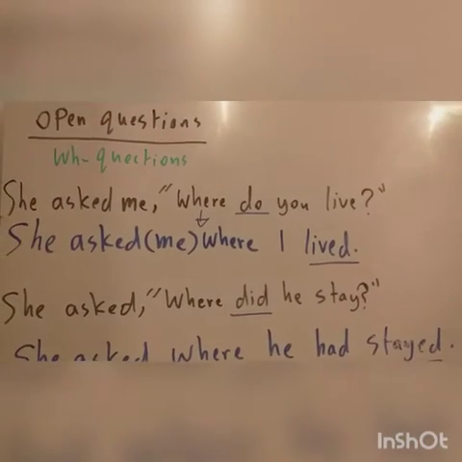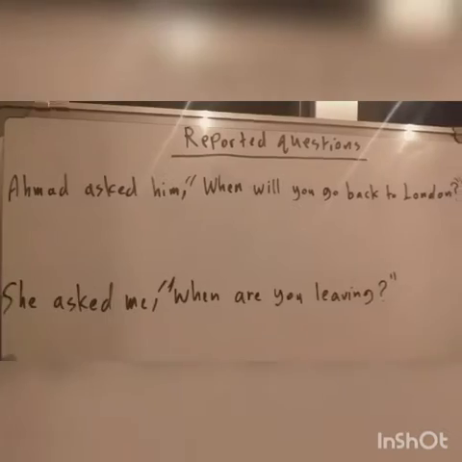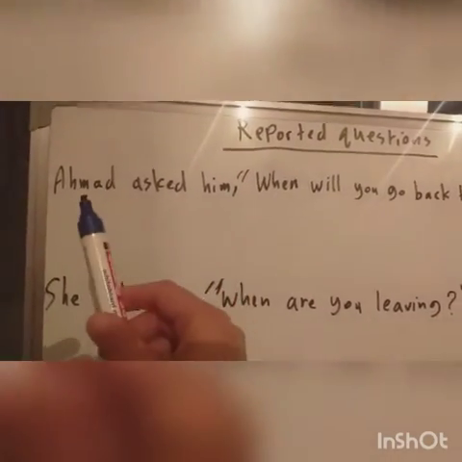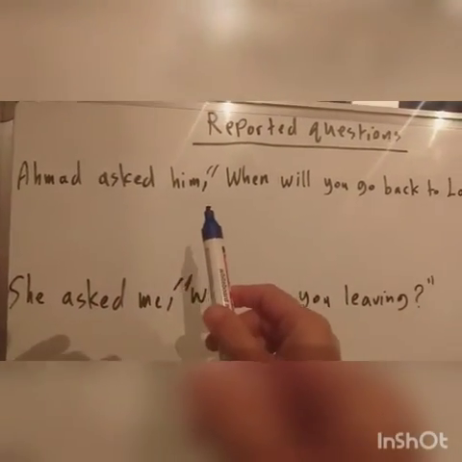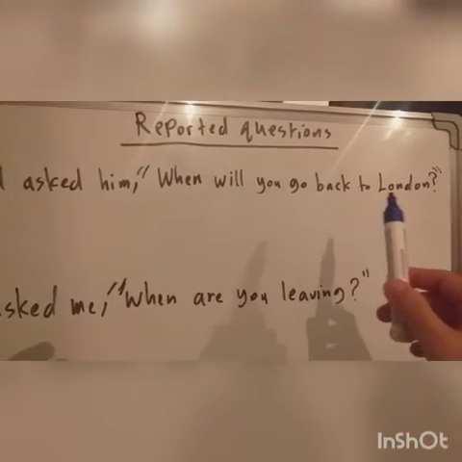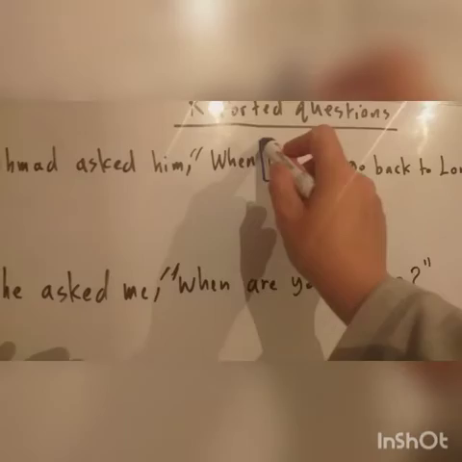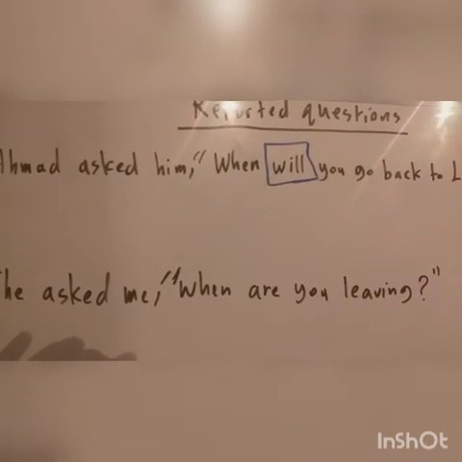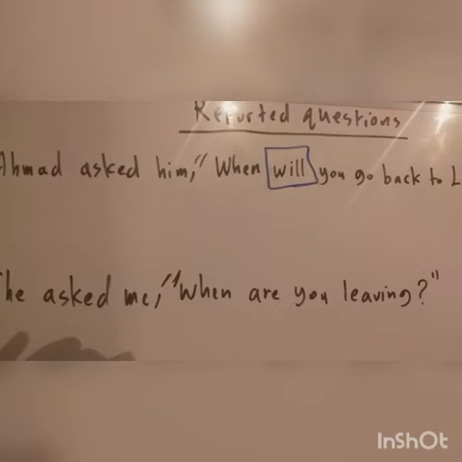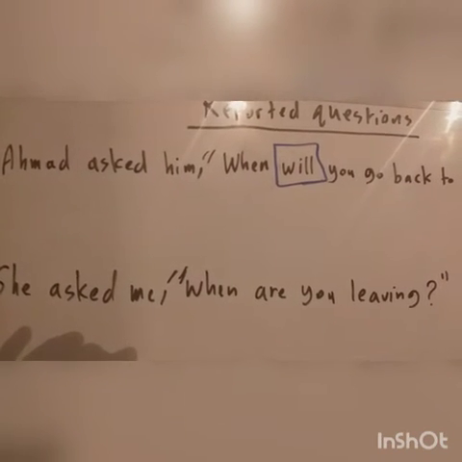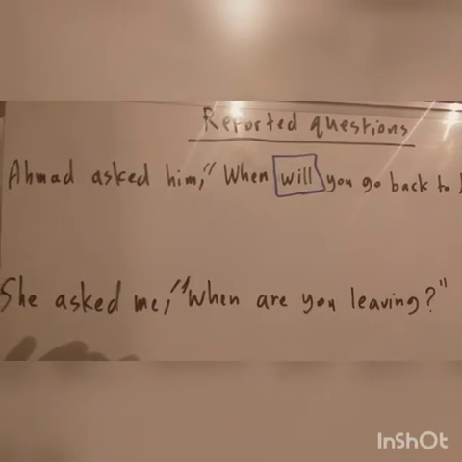Now let's take another examples. Now I'm going to report these two examples. Ahmad asked him, "When will you go back to London?" So here we have will, the future form will. Will is a modal verb, and you've taken before the modal verbs, auxiliary verbs, and verb to be.